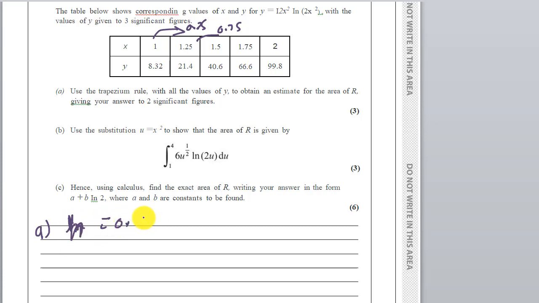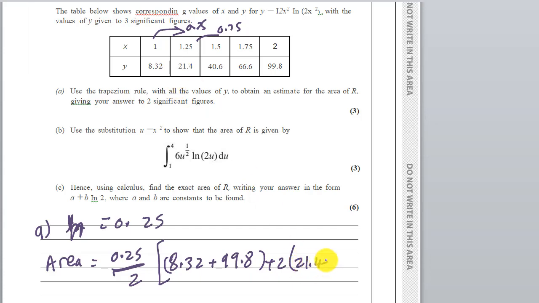equal to 0.25. So area equal to h, 0.25 divided by 2, open the brackets, the first number 8.32 plus the last one 99.8 plus 2 multiplied by the remaining, 21.4 plus 40.6 plus 66.6.